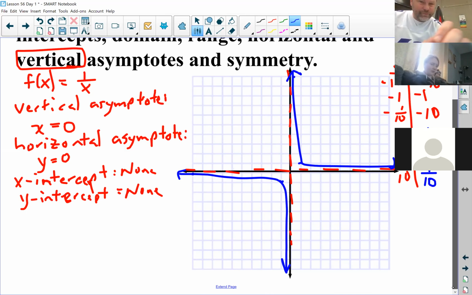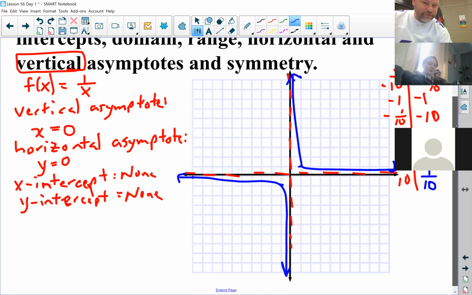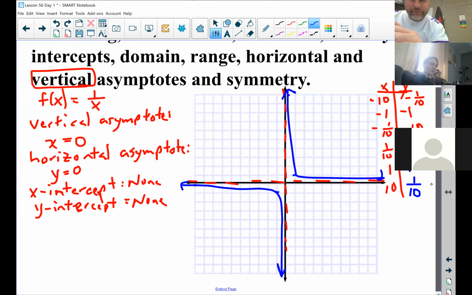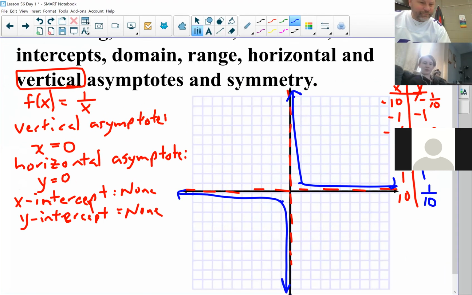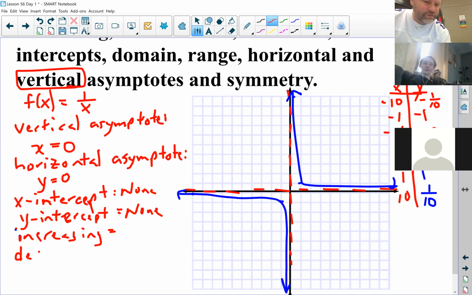All right, so we want to talk about, and actually, we already answered increasing and decreasing. I think we said that already, that it was always decreasing.